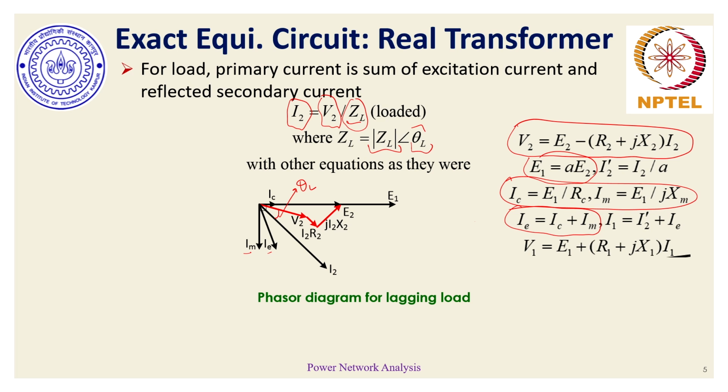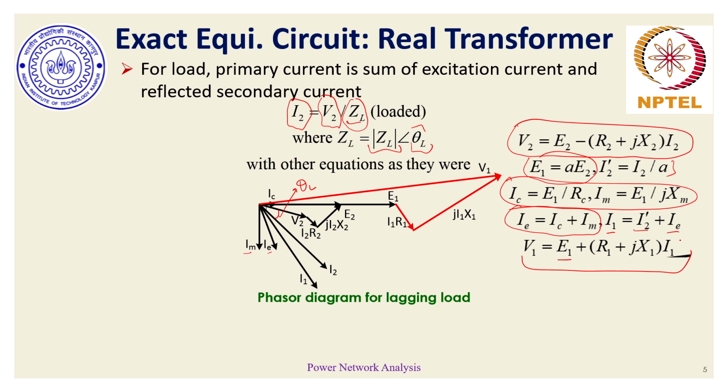A similar diagram may also be drawn for a leading load. Now once we know I2, we can find the corresponding reflection of current on the primary, and having known I2 dash and IE, we can mark I1, the primary current. Having known the primary current and E1, we can apply the corresponding equation and get the voltage V1, which is the applied voltage on the primary.